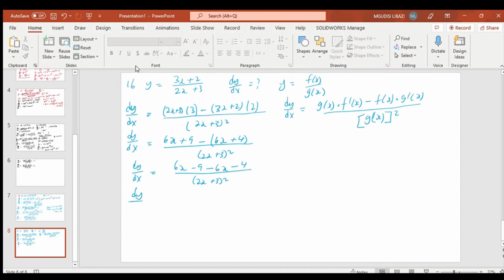Opening the parentheses, we get 6x plus 9 minus 6x minus 4. 6x minus 6x is 0, and 9 minus 4 is 5, so we have 5 over 2x plus 3 all squared. This is how we can find the derivative there. So that's how it is done.